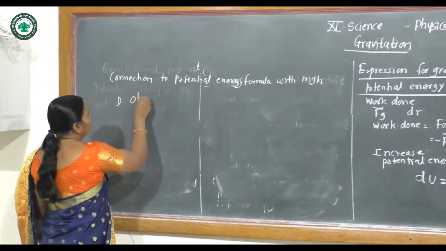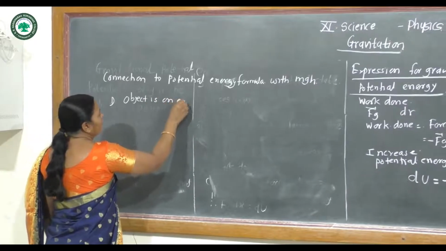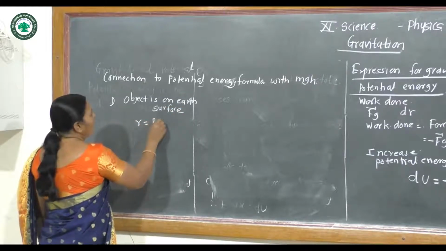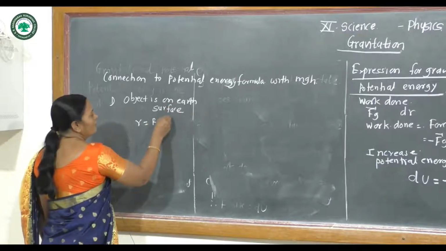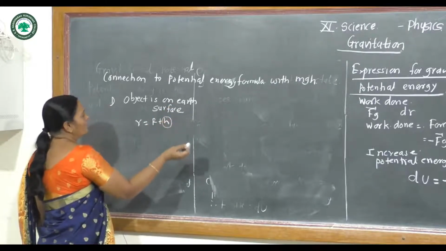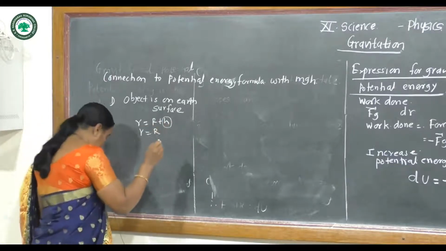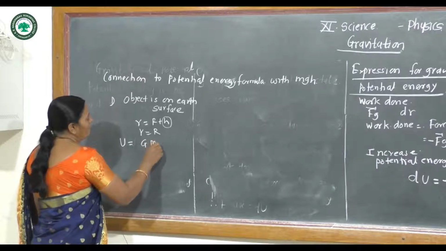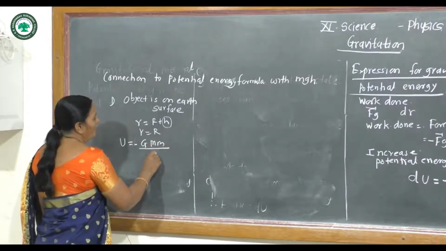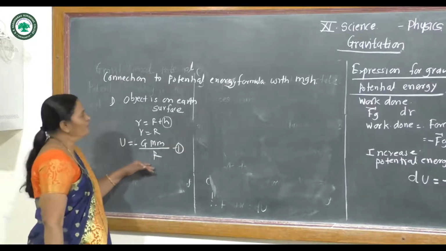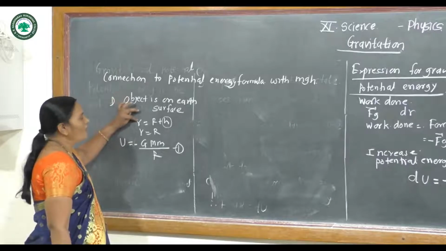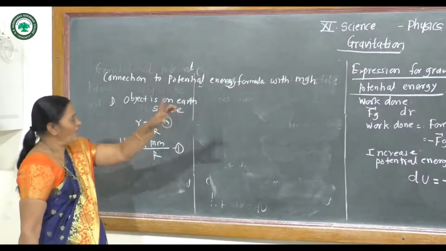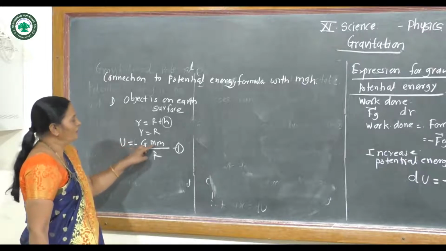Now R is equal to R plus H. Since the object is on the earth's surface, the value of H is nearly equal to 0, so R is equal to R, and we get U is equal to minus G M m divided by R. This is equation number 1.